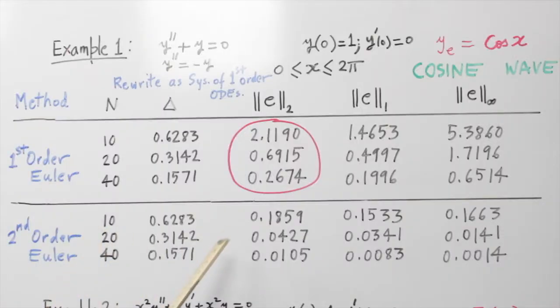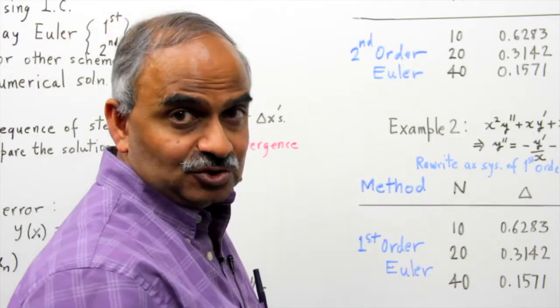And so here I have computed these errors over this time horizon of 2 pi, but if we go to larger times, these errors will grow, and they'll grow unbounded as we go to larger and larger times. And so this is not a method that one should use because it is unstable for oscillatory problems.